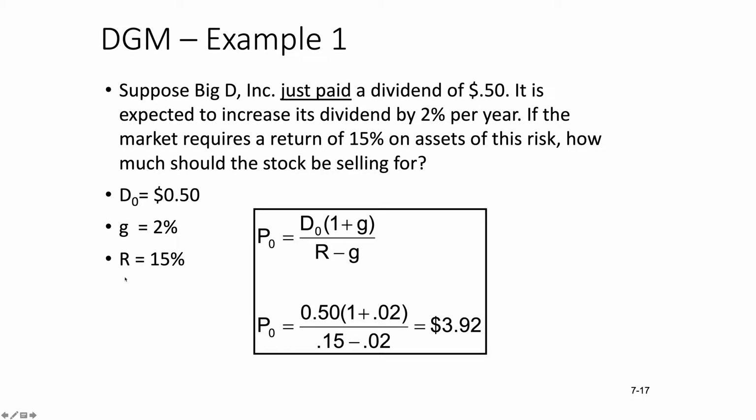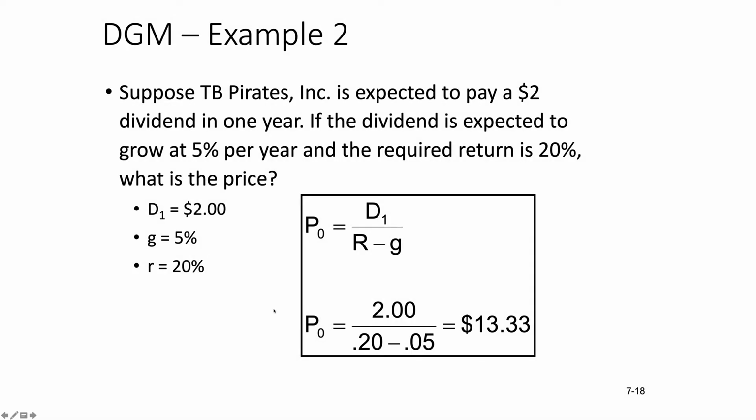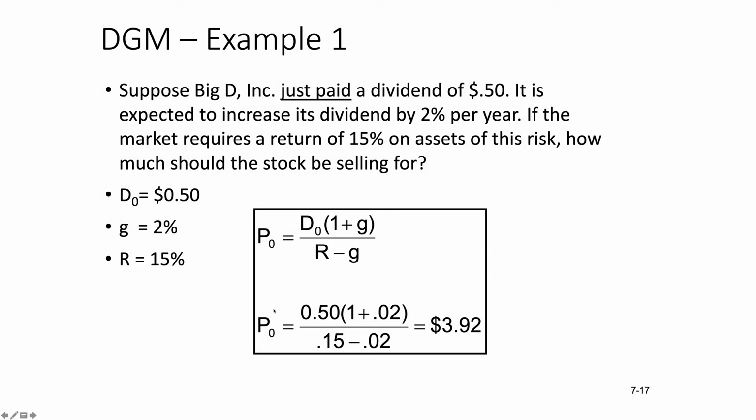Now, when we use mathematical calculation, we use decimals instead of percentages. So looking at example 1, plug those in. 0.5 times 1 plus 0.02, divided by 0.15 minus 0.02.